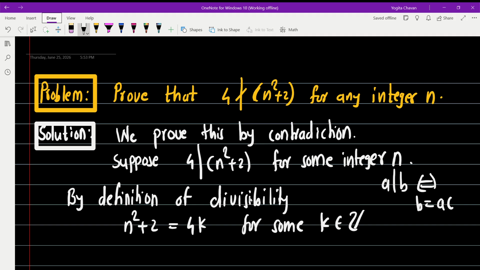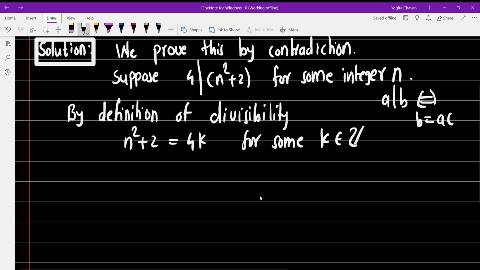So using this definition, n square plus 2 is equal to 4 into k for some k belongs to z.